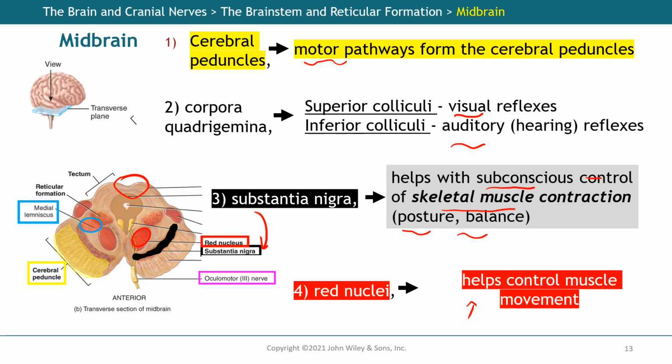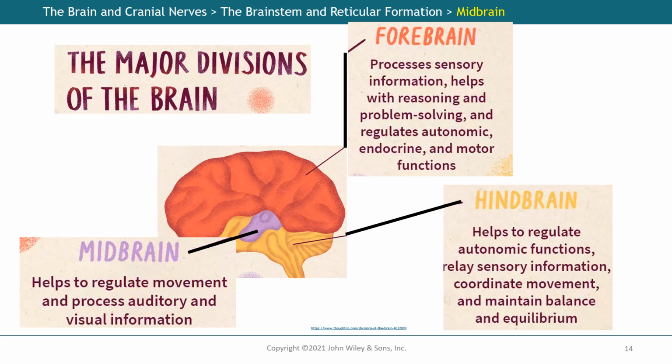To finish the section of the midbrain, I remind you that in one of the first sections of the lecture, we talked about how there were three vesicles during development. If you remember, midbrain, forebrain, and hindbrain. And here we can see the functions. So I just told you this area of the midbrain helps to regulate movement, and they process auditory and visual information.